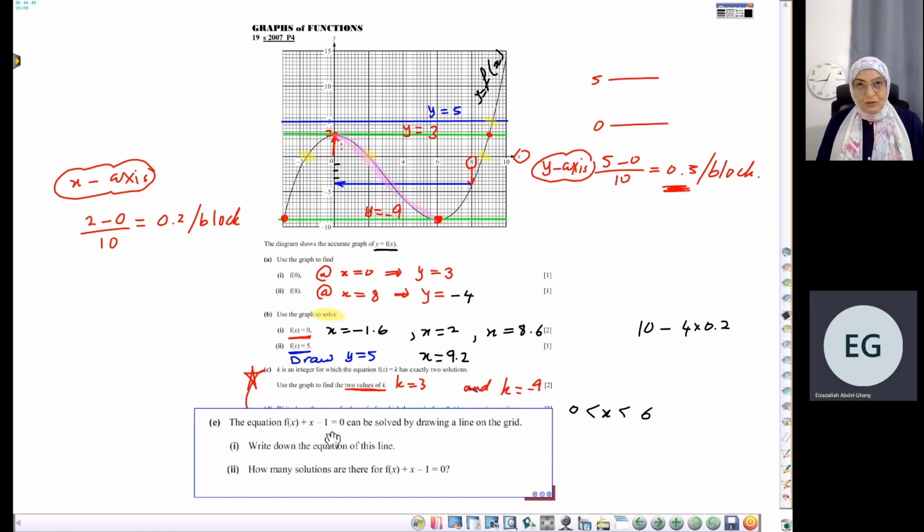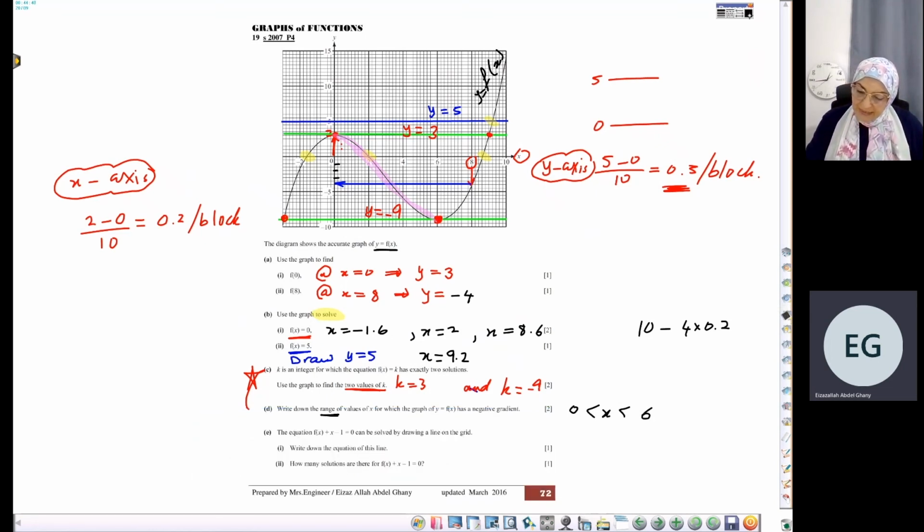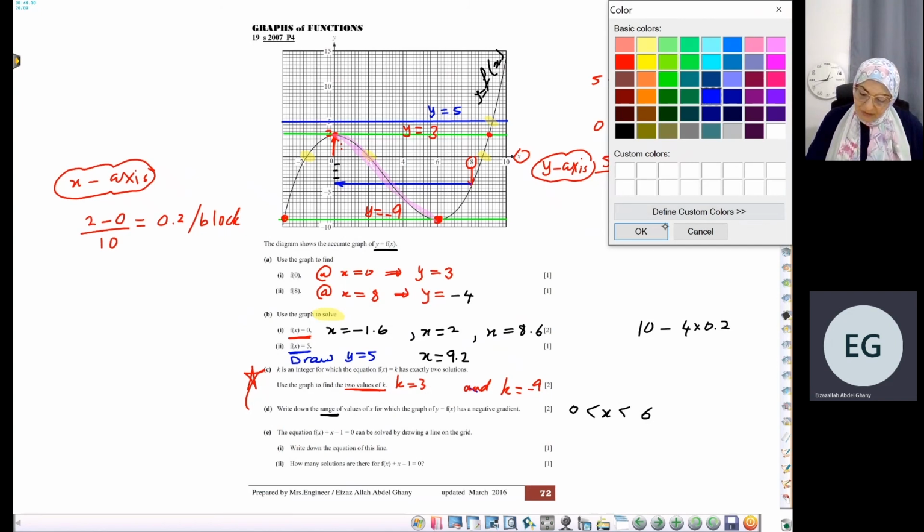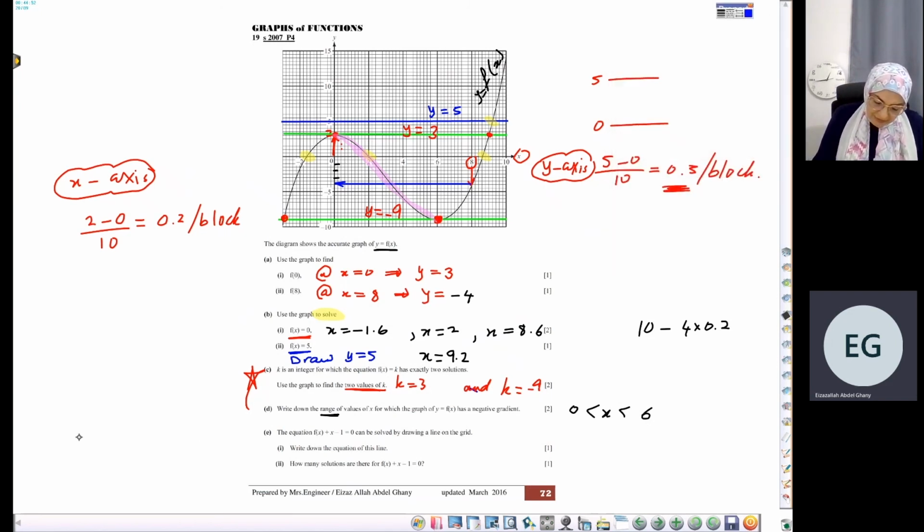About the x and minus 1, you just shift them to the other side. And now let's write what he means. Here, question E, f of x plus x minus 1 equals 0.